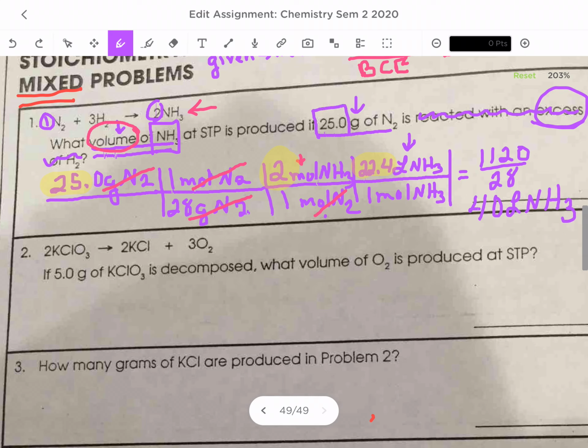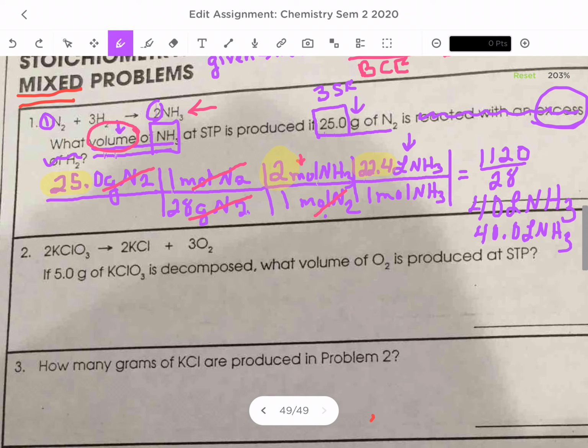That has 3 significant figures. So my answer has to have 3. So I need to go 40.0 liters of NH3 to get the correct answer. 40.0 liters of NH3. That is 3 significant figures, and that would be my answer.